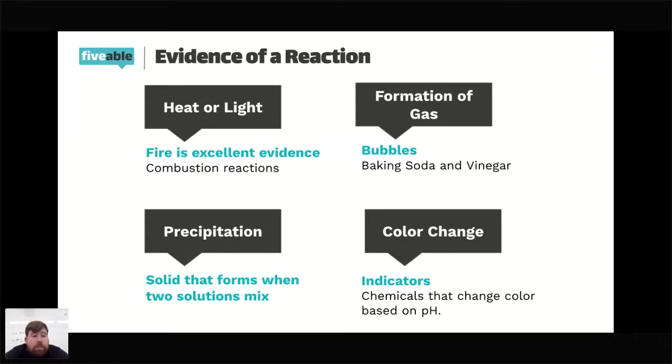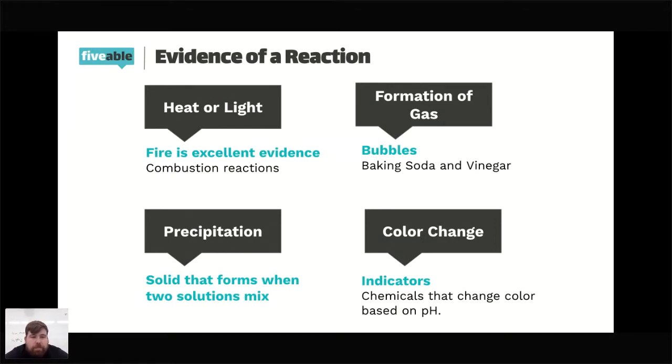They are good pieces of evidence for reactions to occur, but I always like to remind my students when I'm talking about these pieces of evidence that these color changes or formation of gas or precipitation are almost unexpected. And what I mean by this is this. If I were to take a blue liquid and a yellow liquid and mix it together, I'm going to get a green liquid.